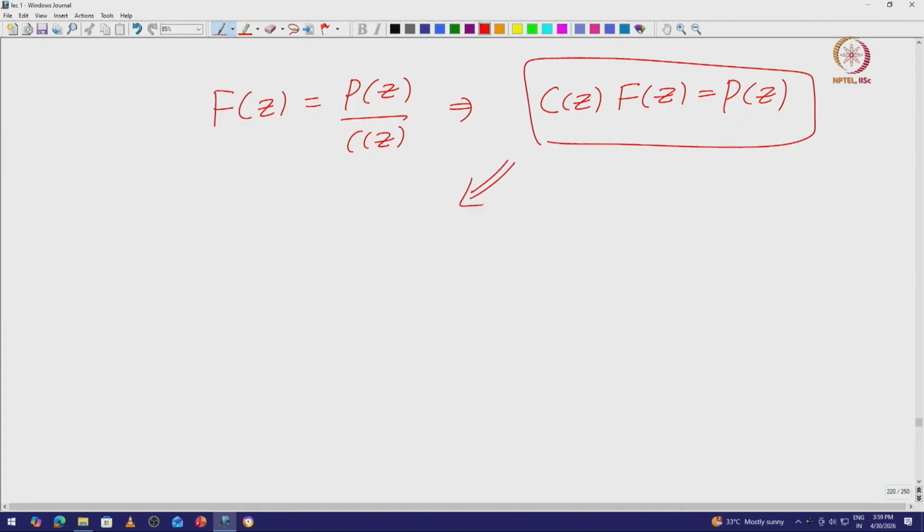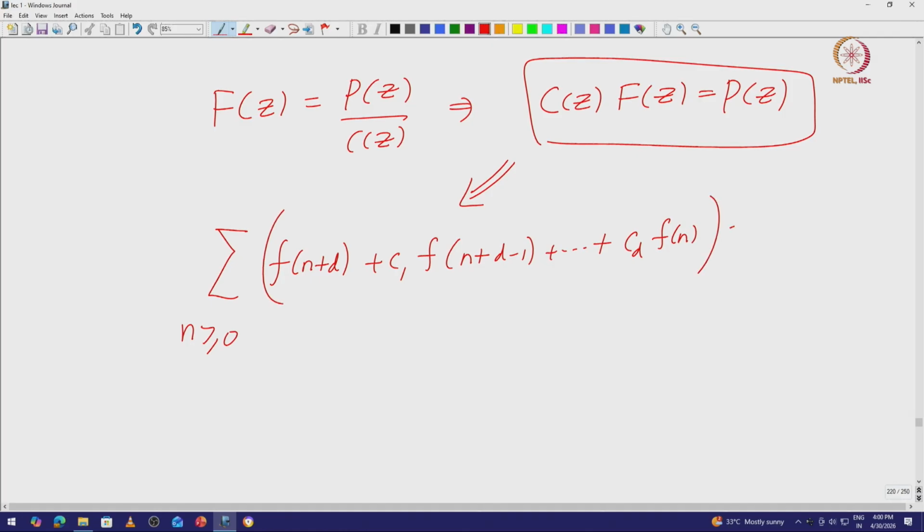Now, using the convolution product, looking at only the coefficients of z power d plus n for n greater than or equal to 0, we get the summation over n of f of n plus d plus c1 f of n plus d minus 1 plus etcetera plus cd f of n, which is the coefficient of z power d plus n.